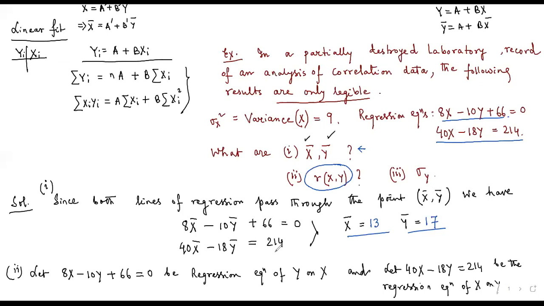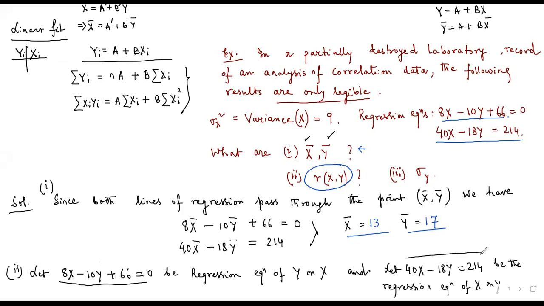So these two regression equations now can be written in the following manner. Since we are assuming that it is the regression equation of y on x, we will keep y on the left hand side and bring everything on the right hand side.